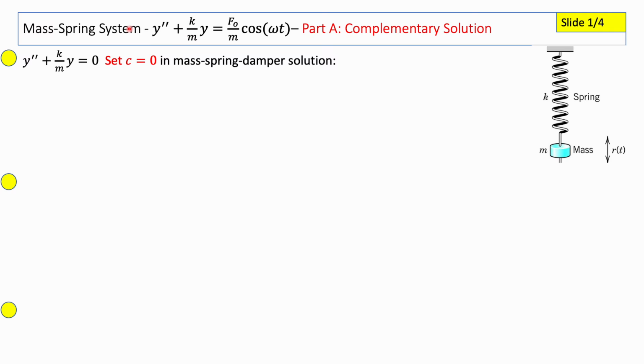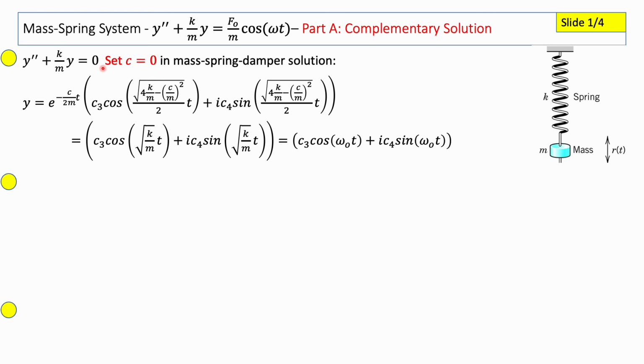situation. And part A, in red here, is the complementary solution or the homogeneous solution. We set the right-hand side to 0 and say y double prime plus k over m y equals 0. This is a homogeneous solution. And instead of solving it, I say, let's take the mass spring damper solution in its entirety and simply set the damping coefficient to 0.